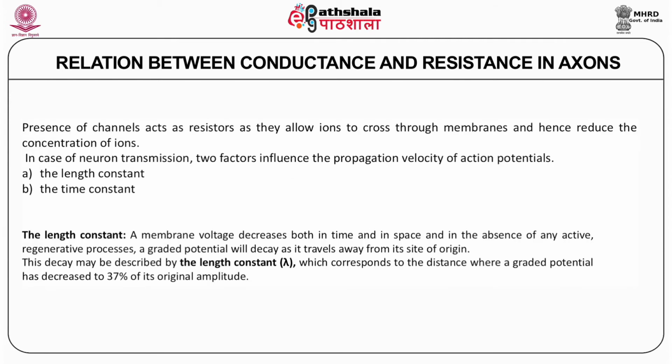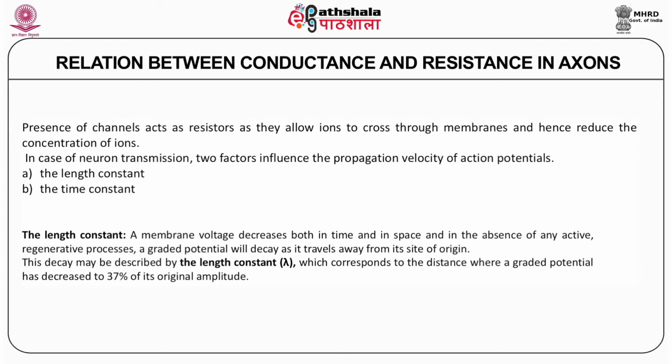The presence of channels acts as resistors, as they allow ions to cross through the membrane and hence also reduce the concentration of ions. In neuron transmission, two other factors also influence the propagation velocity of the action potential.